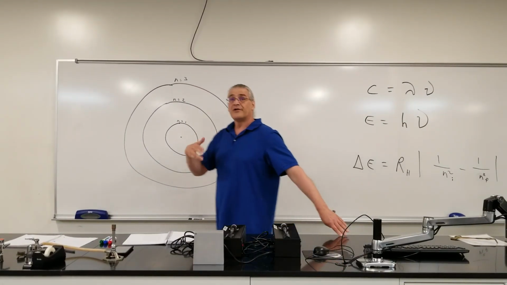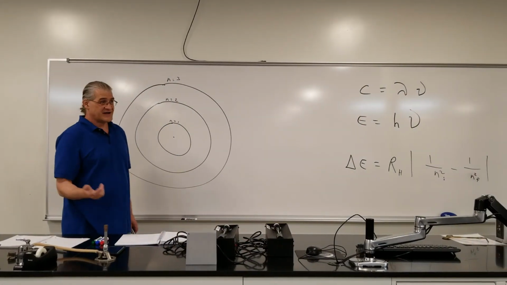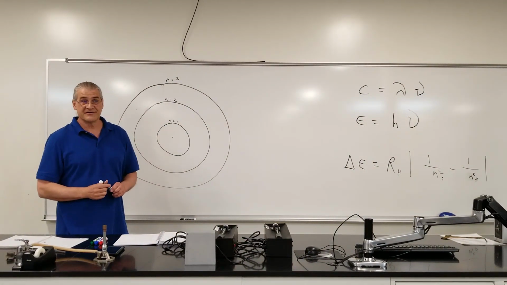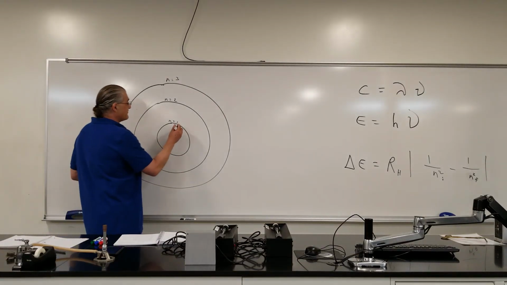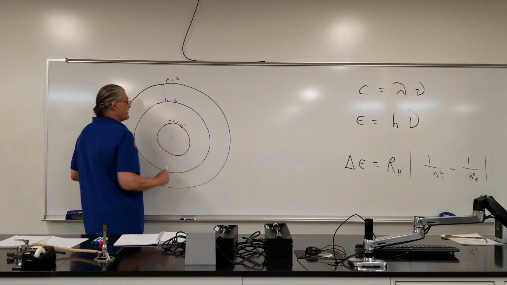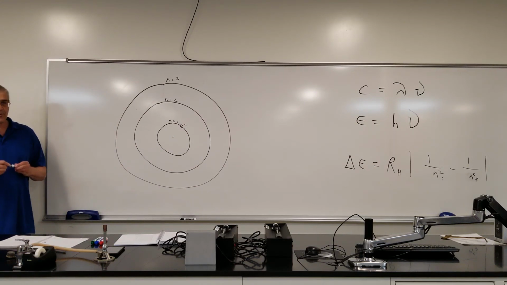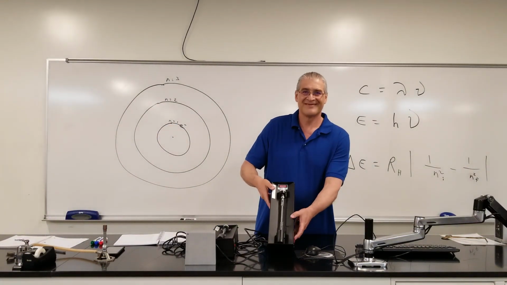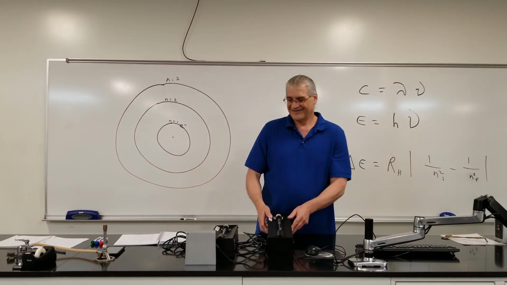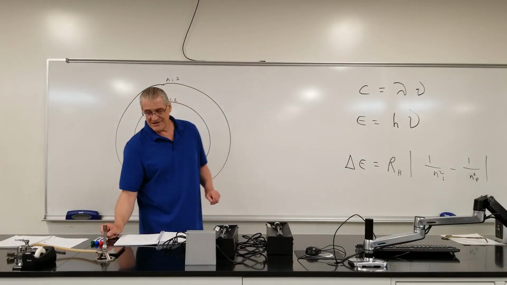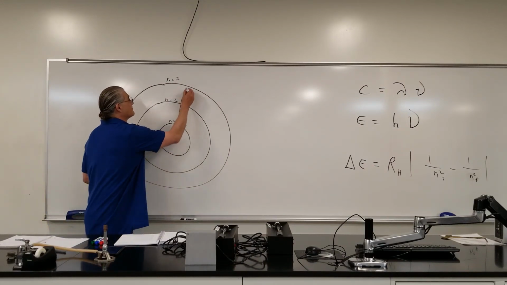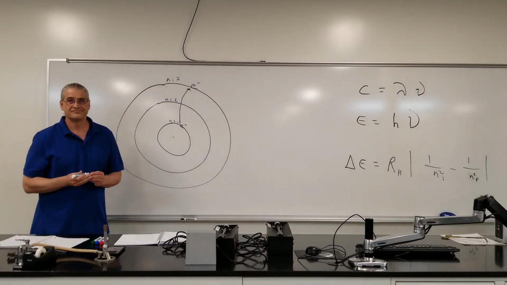So in a so-called ground state hydrogen atom, that's a hydrogen atom at its lowest potential energy configuration, the electron lives here in the first level. If we pump energy into it, that's what we're doing when we excite it in these discharge tubes, the electron can transition from here up to a higher level, say the third level.